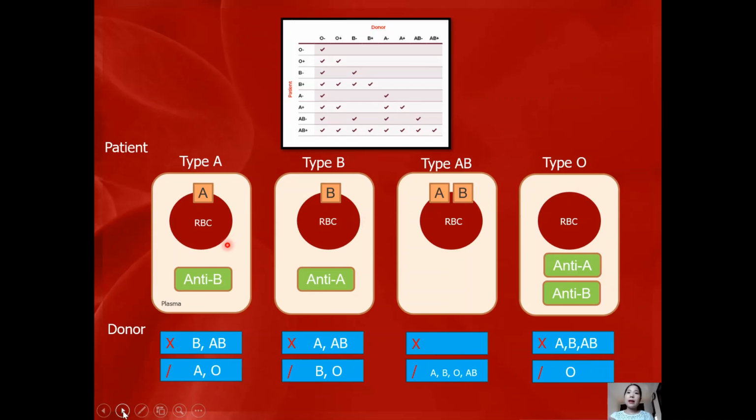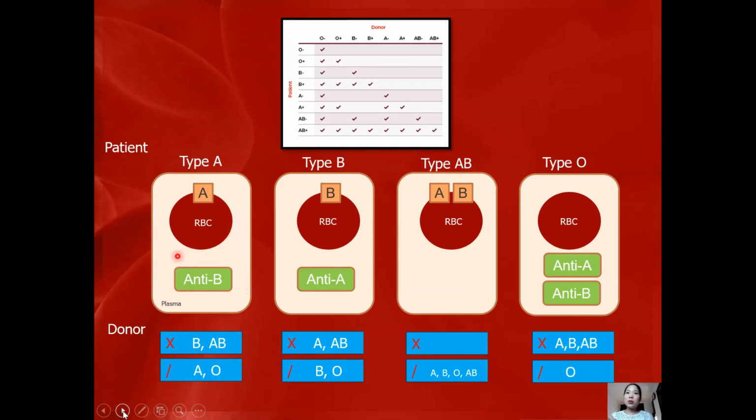Now, in the plasma of a patient with blood type A, the naturally occurring antibody would be your anti-B. It cannot be an anti-A, simply because if you have an anti-A, it will hemolyze an antigen A in the red blood cell. So you have to remember this.